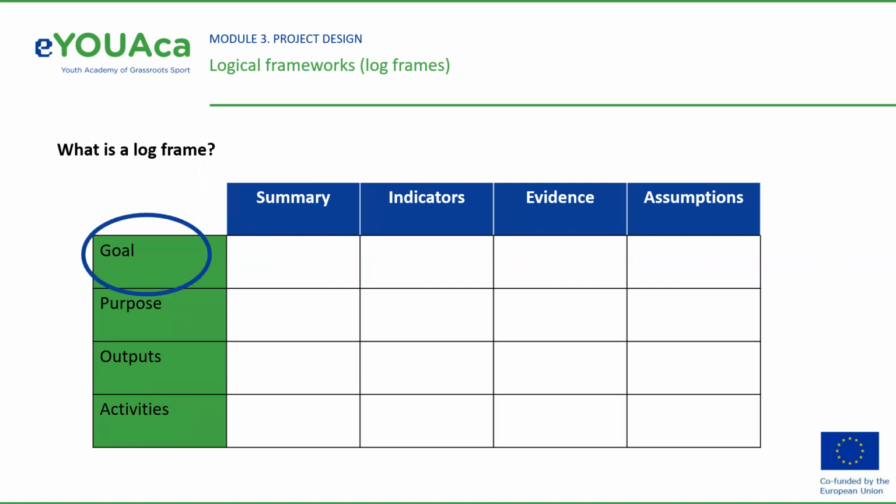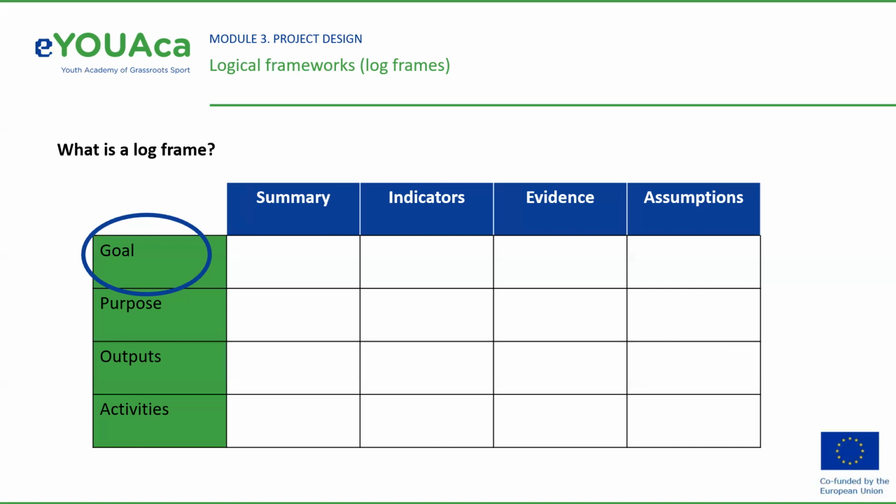Let's have a focus on each particular level of objective. Starting at the top, consider the overall impact of the project. The impact is usually beyond the control of your project, but is something you are contributing to. The goal refers to the overall problem we are trying to address. The goal is the wider long-term development goal.